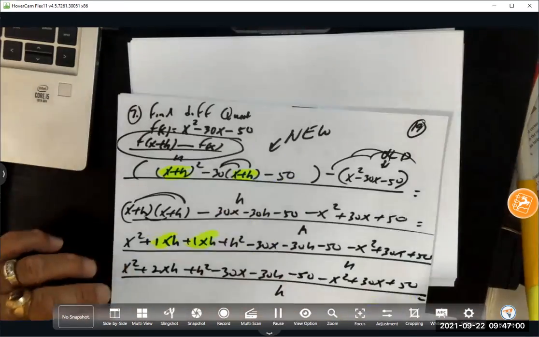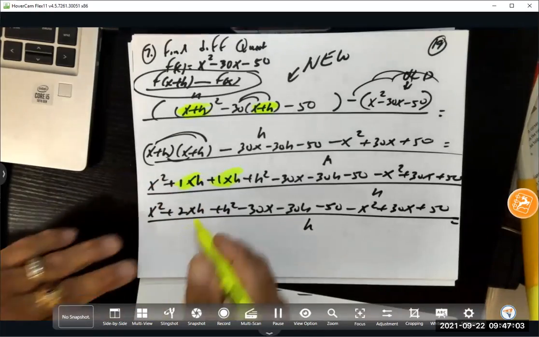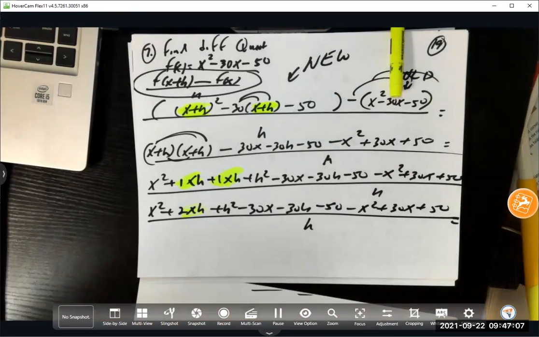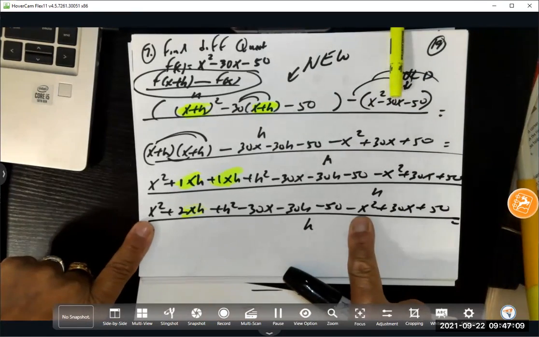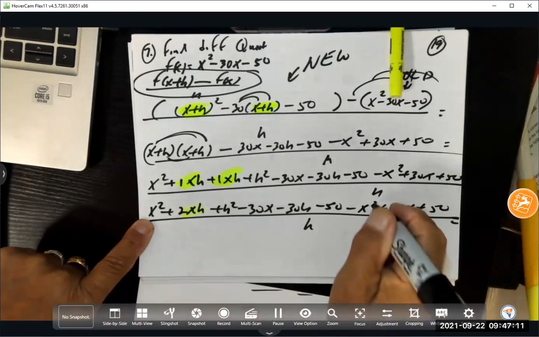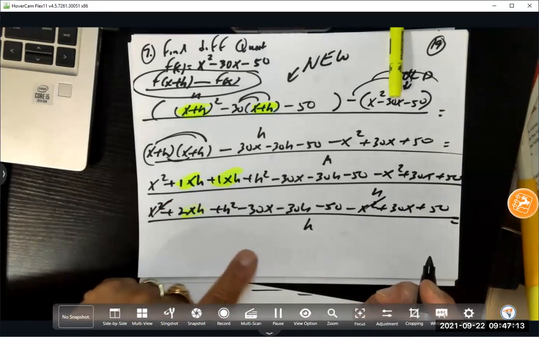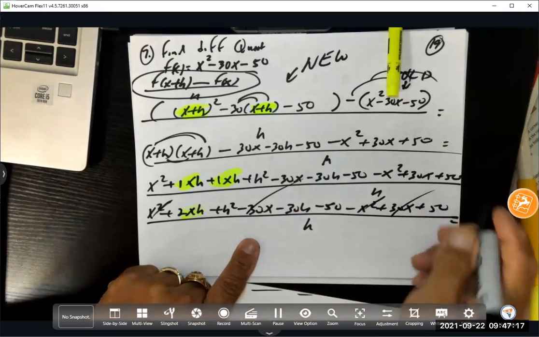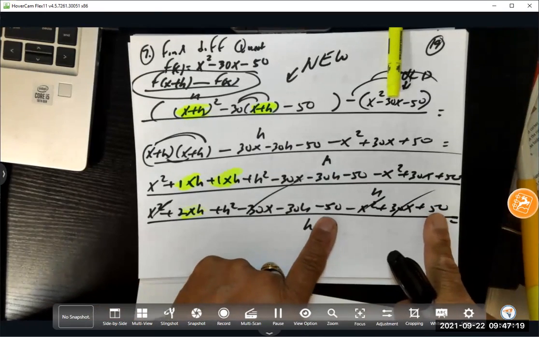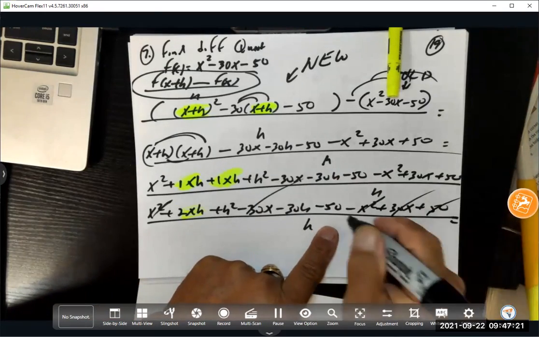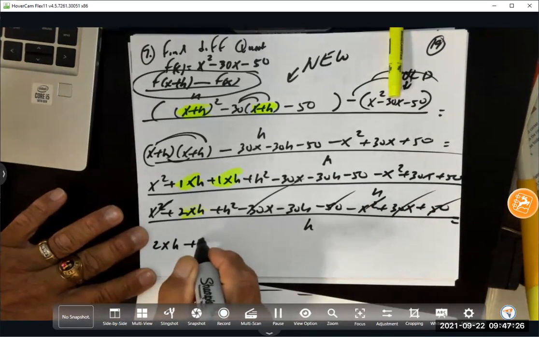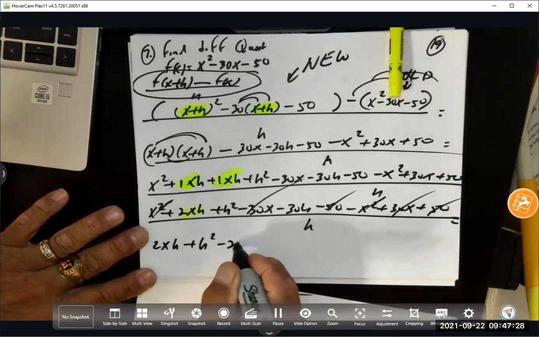Now, once I do that, a bunch of stuff right away is going to cancel, isn't it? Tell me what's going to cancel. What goes away? This right here, yes or no? What else? And 30x, yes. What else goes away? All right, so we have 2xh plus h squared minus 30h left over.